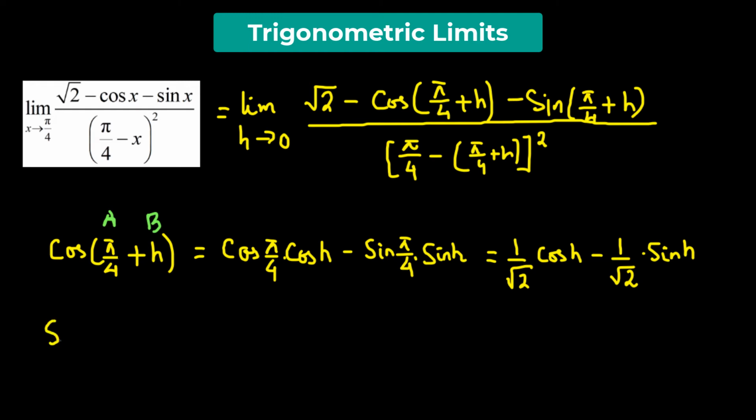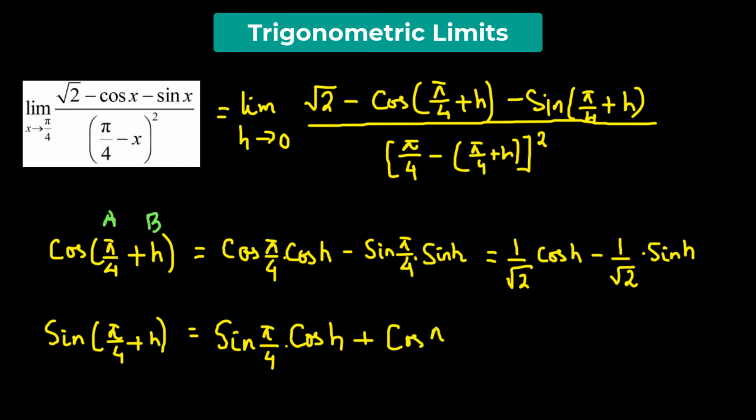Then we have sine of pi over 4 plus h. So this can be expanded as sine a times cosine b plus cosine a times sine of b. So we have sine a, where a here is pi over 4, times cosine of b, where b here is h, plus cosine of a, which is pi over 4, times sine of b.